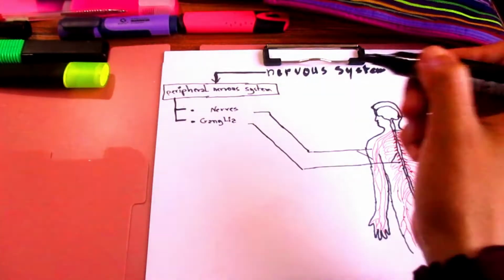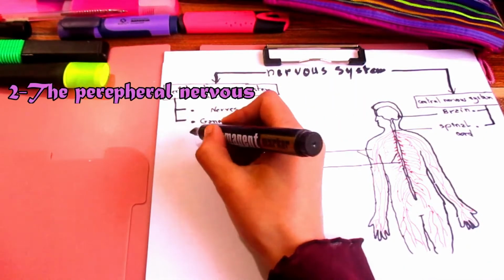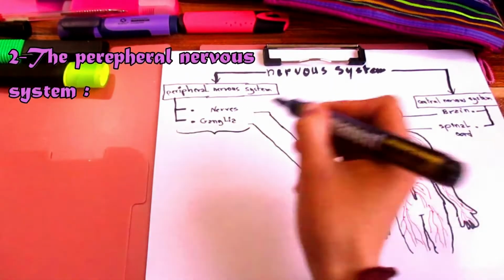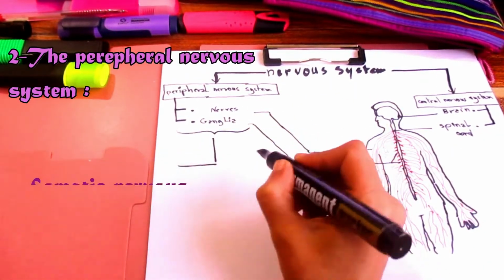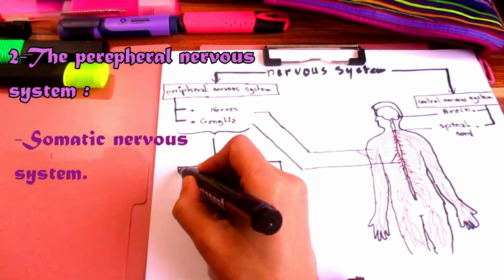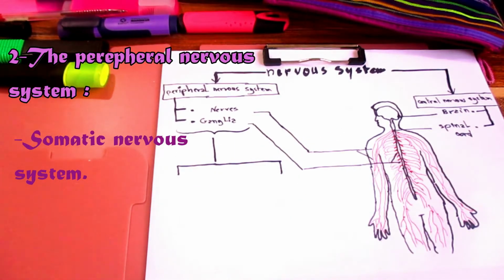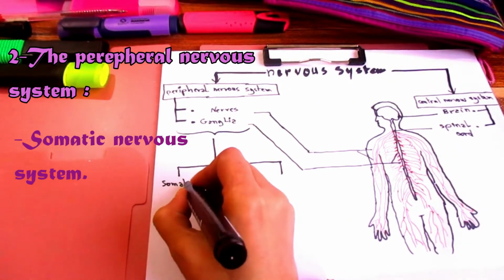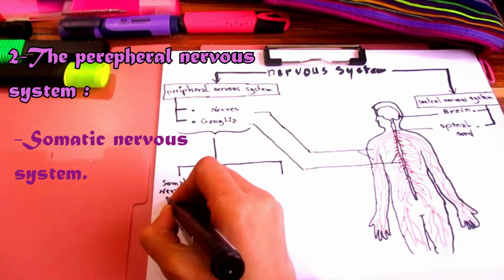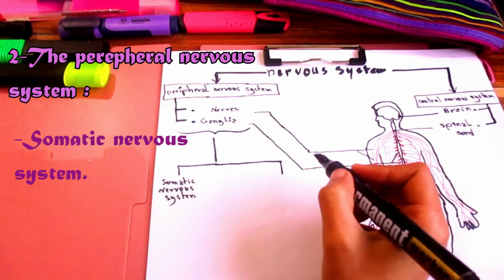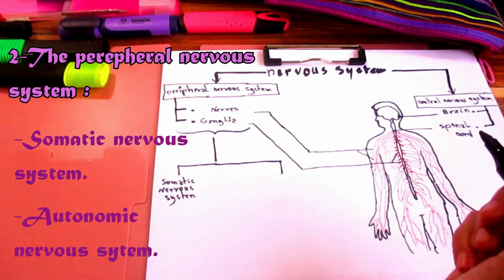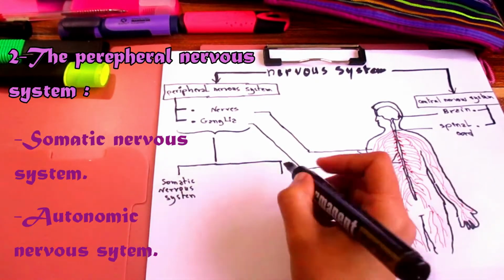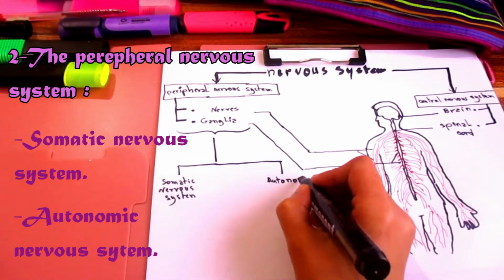So this peripheral nervous system is again divided into two subdivisions. The first is the somatic nervous system, which is concerned with somatic functions and is responsible for muscular activities and movements of the body, while the second is the autonomic nervous system and is concerned with regulation of visceral or vegetative functions.